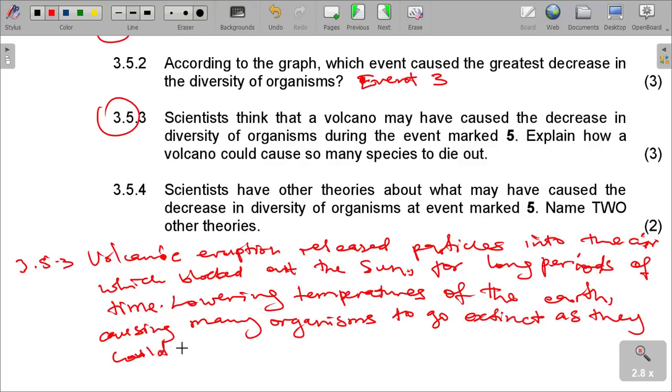As they could not adapt, they could go extinct. So that is what we are saying in this regard.